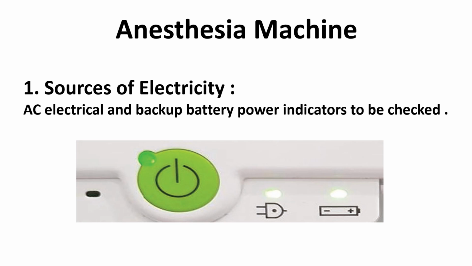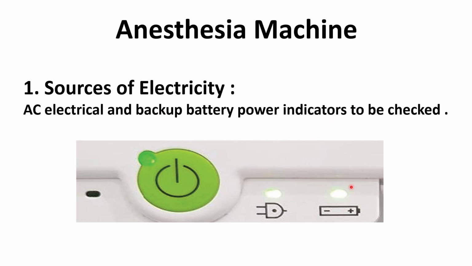Starting to check the anesthesia machine itself, starting from the first step with the electric plug, checking the source of electricity. Check the AC electric indicator, and the backup battery indicator should be checked.